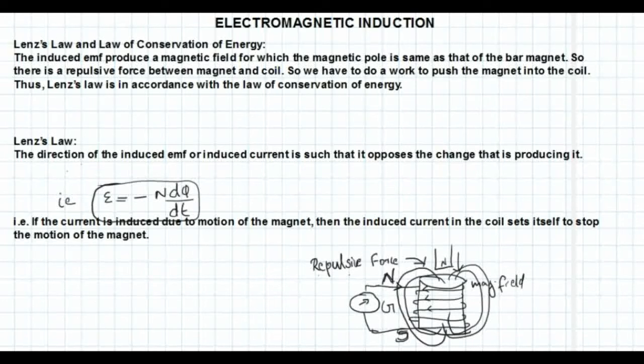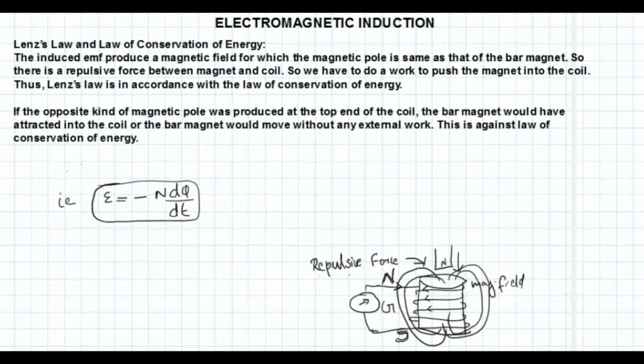Then suppose instead of north pole, it is a south pole which is being produced. So what is the meaning of that? If the opposite kind of magnetic pole was produced at the top end of the coil, the bar magnet would have been attracted into the coil, or the bar magnet would move without any external work.